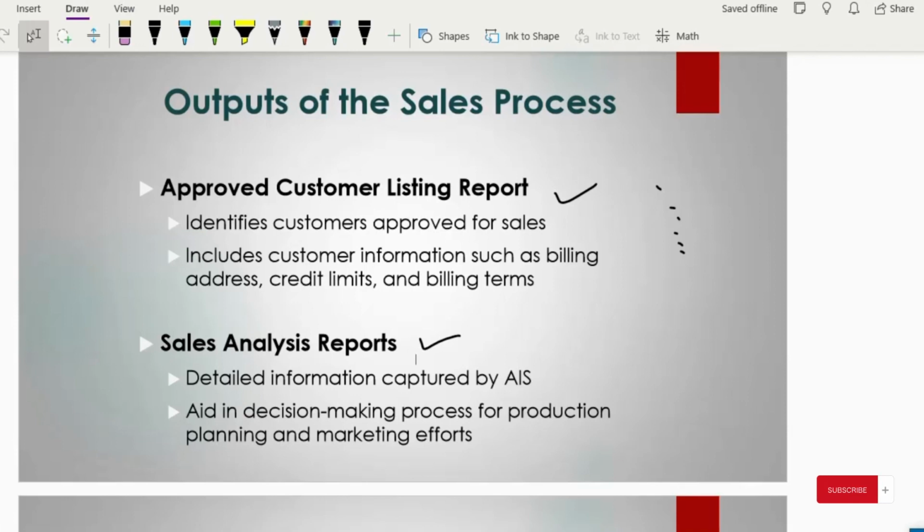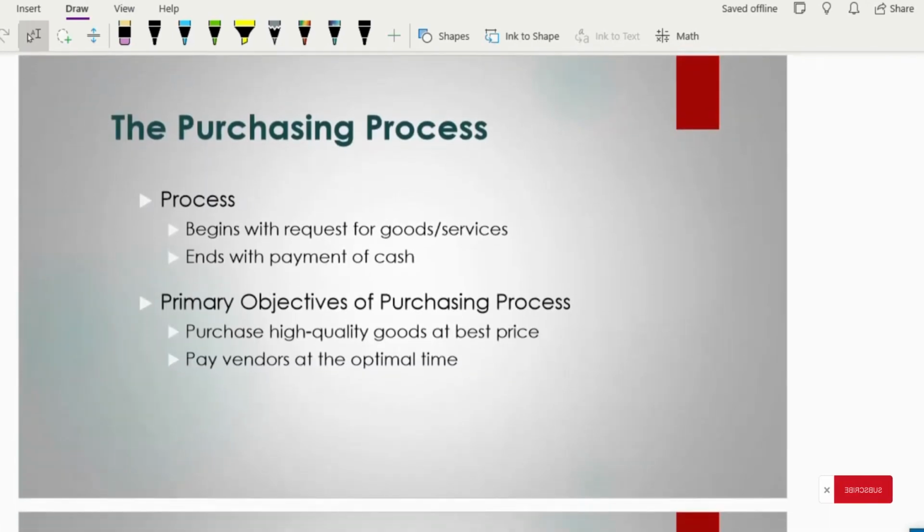And now we will be moving on towards the second process, which is the purchase process. Just like the sales process, this is one of the key processes in the business. It begins with the request for goods and services, that is, how many products we want to purchase, and it ends when we make the payment to the vendor.